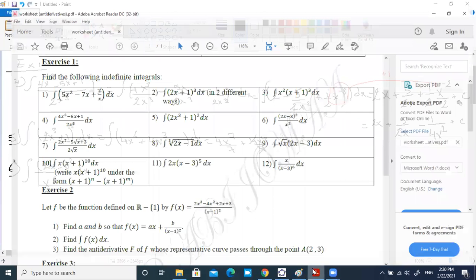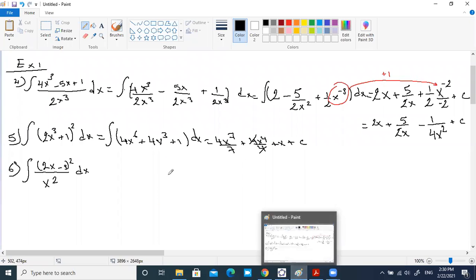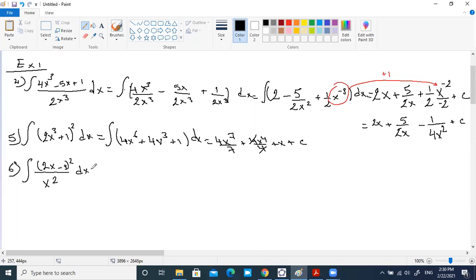The integral of (2x minus 3) squared over x squared. Okay, how to find this integral? We expand.